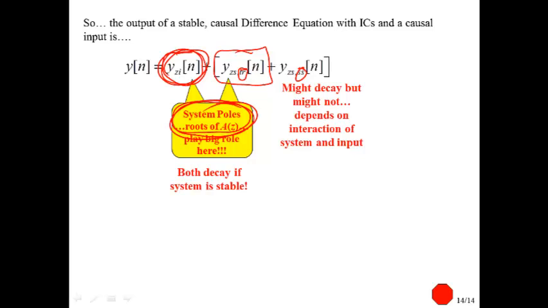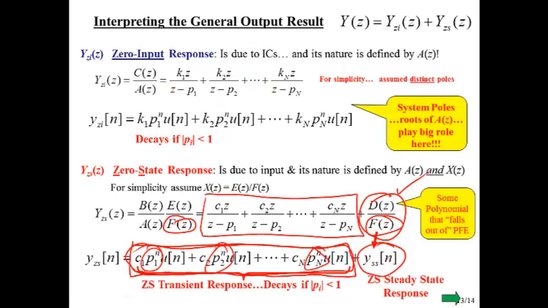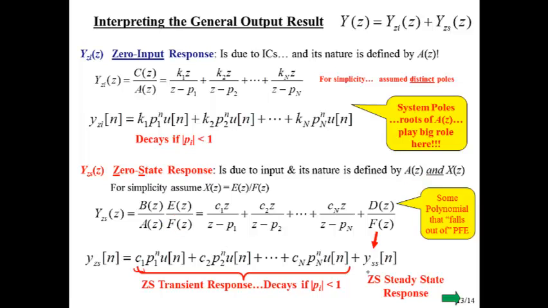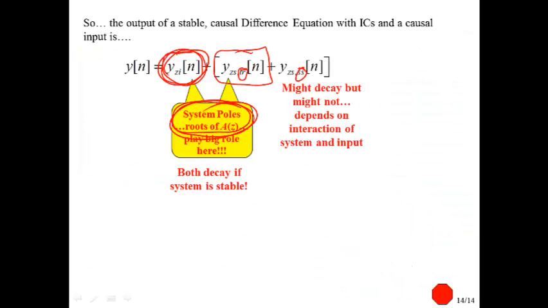And you can identify those terms when you go back to the Z transform part by looking for the pole factors, or the factors that correspond to the poles of the system. And that will decay as long as the system is stable.